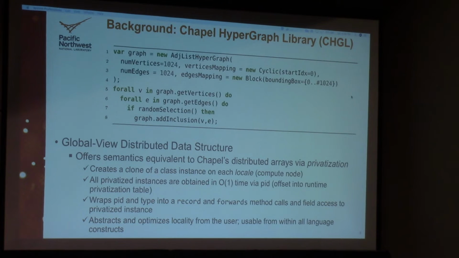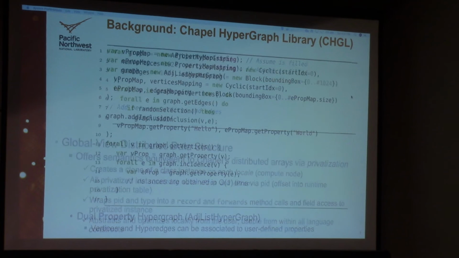The vertices are cyclically distributed. The edges are block distributed, and the forall is also going to be distributed. And we have all this interesting, very high level, shared-memory-looking code, which just seems to work really well and without excess communication in Chapel.